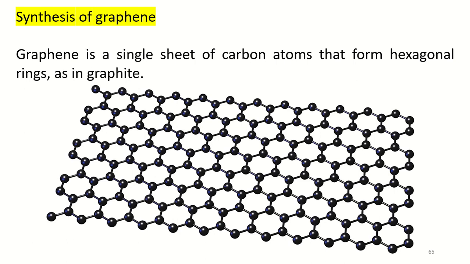Since then, numerous chemical routes have been devised for exfoliating or separating graphene sheets, because graphene sheets actually intercalate with each other and form multiple sheets in graphite.